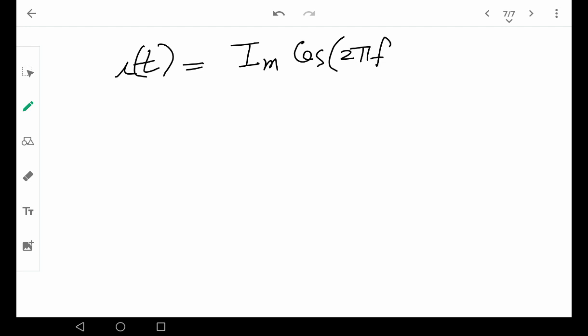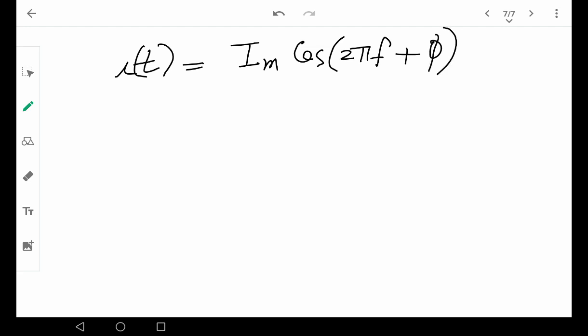So we will write it like this: i(t) equal to Im cos(2 pi f t plus phi).